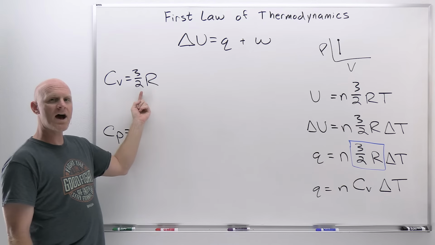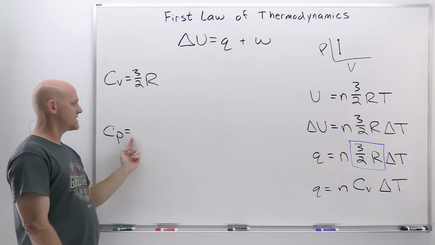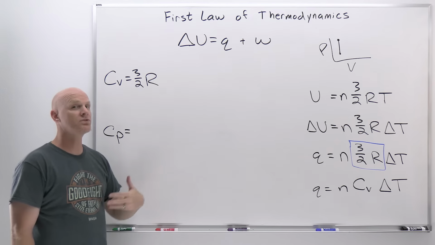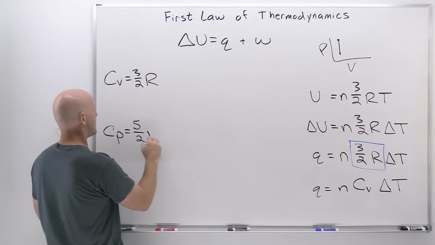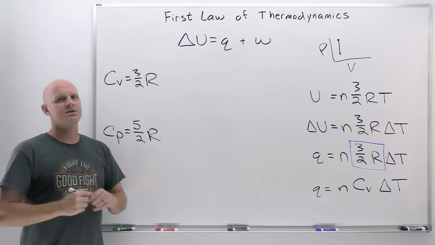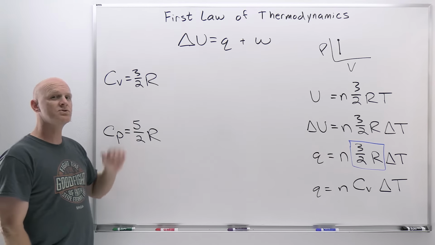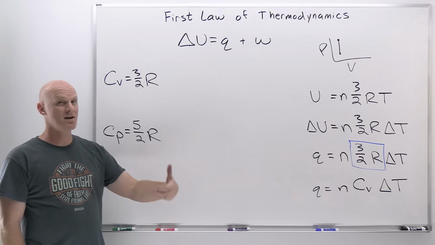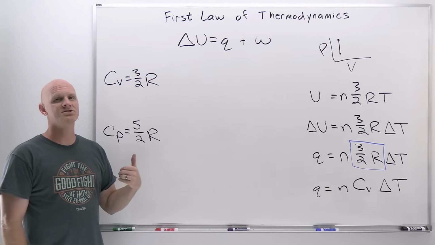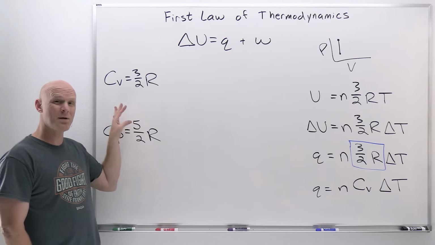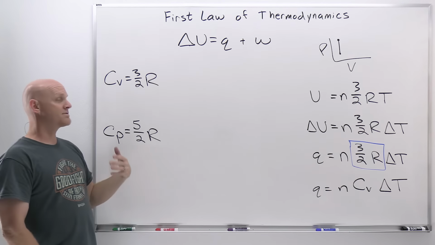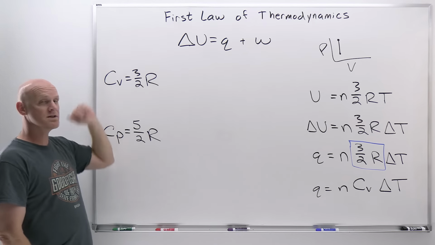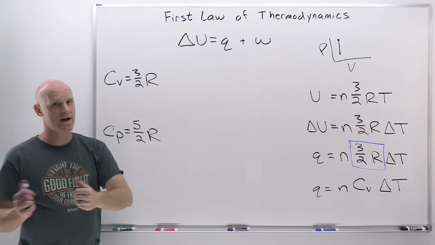So if we've got 1.5 R here, 3/2 R, then the constant pressure heat capacity would equal 2.5 R, or 5/2 R. Now it turns out this is peculiar to an ideal gas that is monatomic. If your ideal gas is not monatomic, it's a little more complicated, and these would not be the values of CV and CP. Again, for any ideal gas, CP is always going to be bigger than CV by a factor of R.